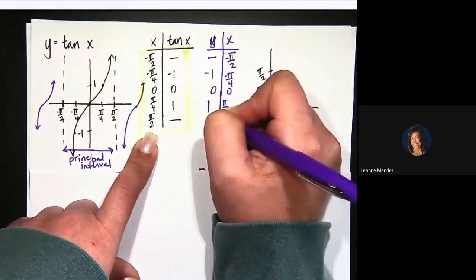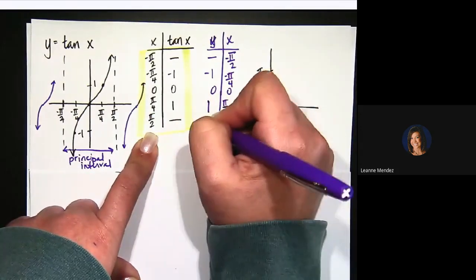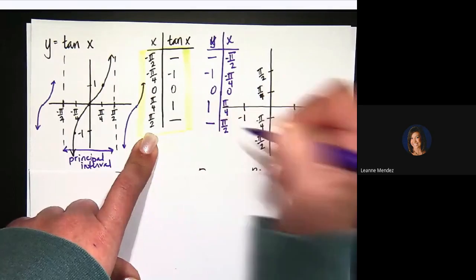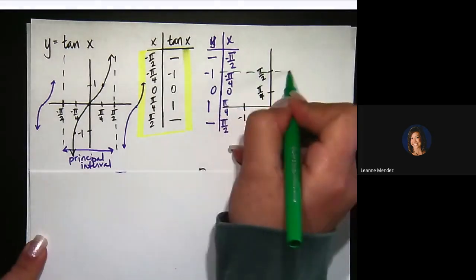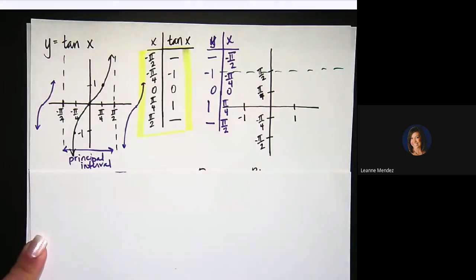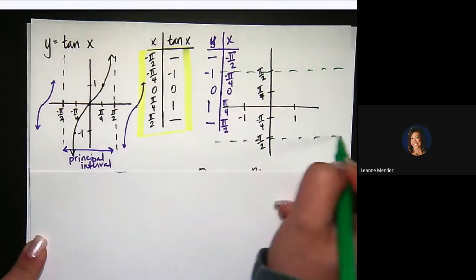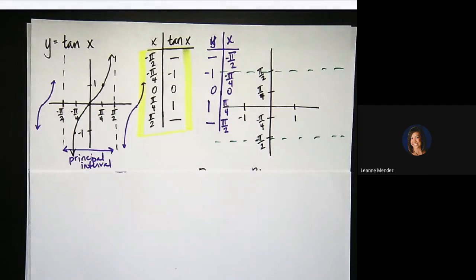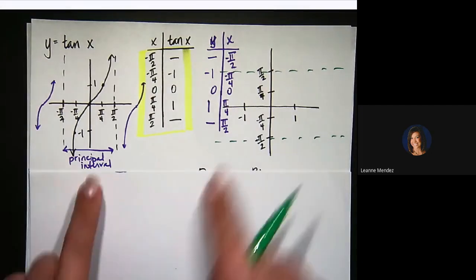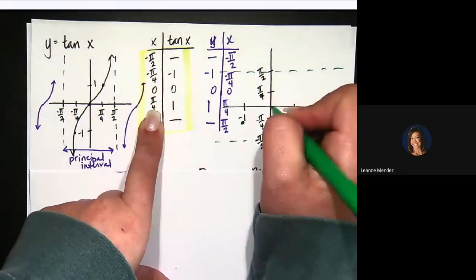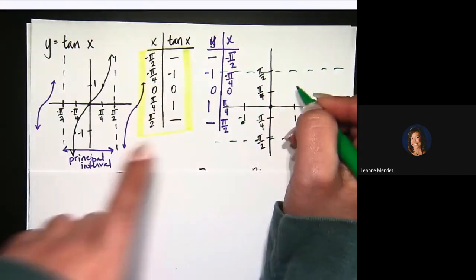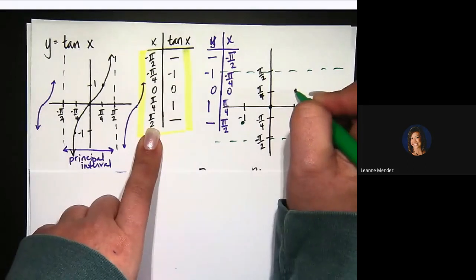And then this vertical asymptote turns into a horizontal asymptote at positive π/2. Now, if I graph this, I'm going to have a horizontal asymptote at positive pi over 2, a horizontal asymptote down here at negative pi over 2, and then the points negative pi over 4, negative 1, 0, 0, and 1, pi over 4.